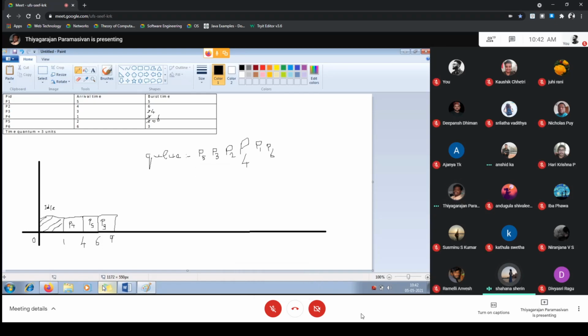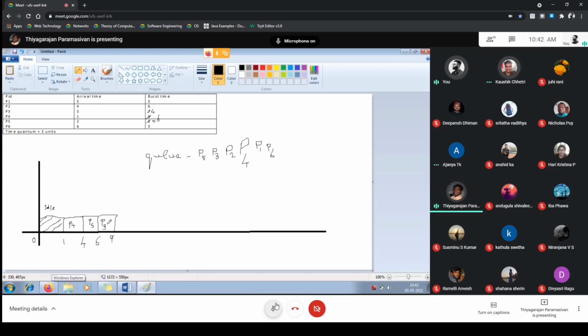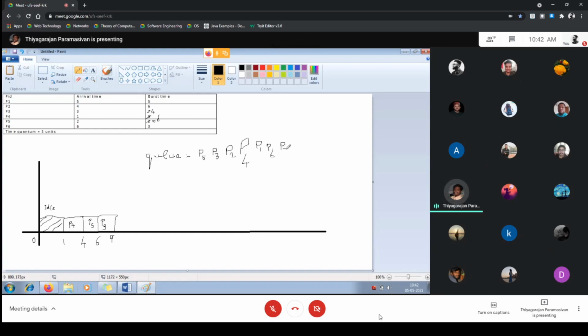If the current job under execution is not completed, add the job at the end of the queue. Exactly. So has P3 completed its execution? No, sir. So we have to add it at the end of the queue. So now it is P3.